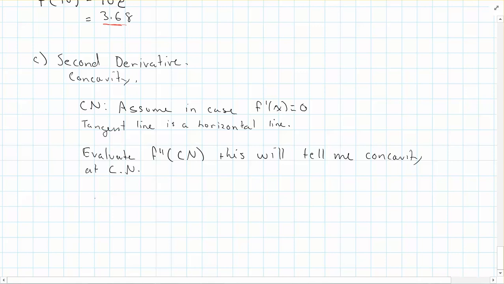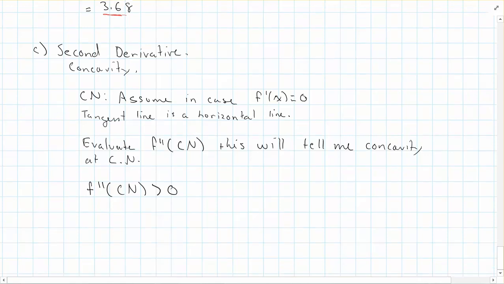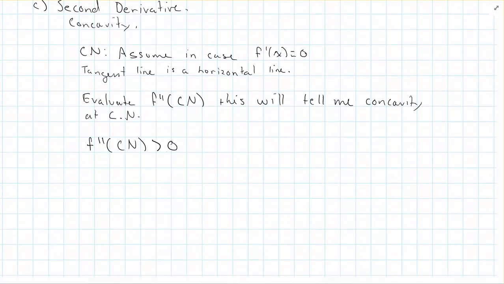What does that mean? Well, let's just do an example here with a picture, and then we'll get back to this example problem. Suppose f double prime at the critical number is greater than 0. So if it's greater than 0, what does that mean? We're concave up, right?